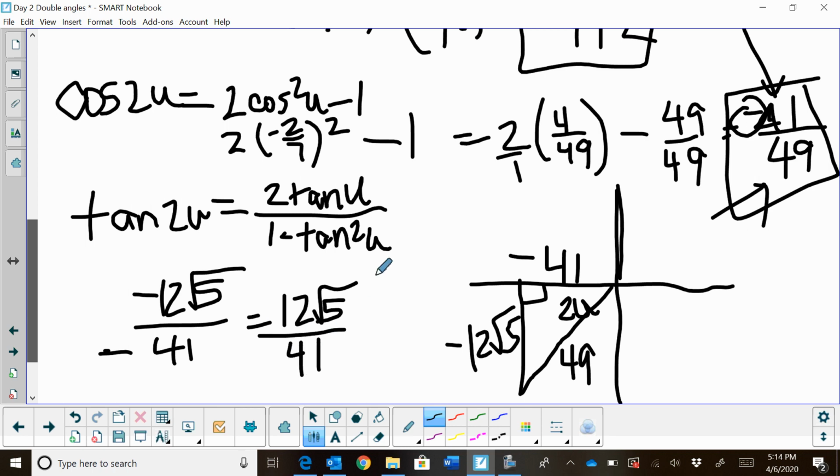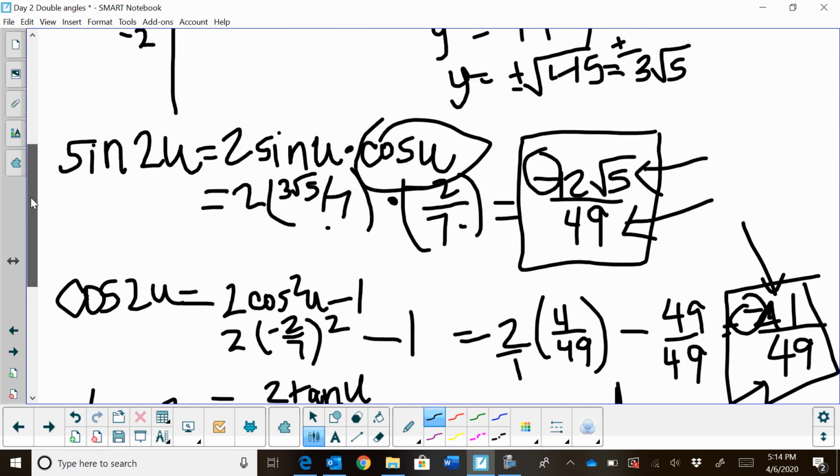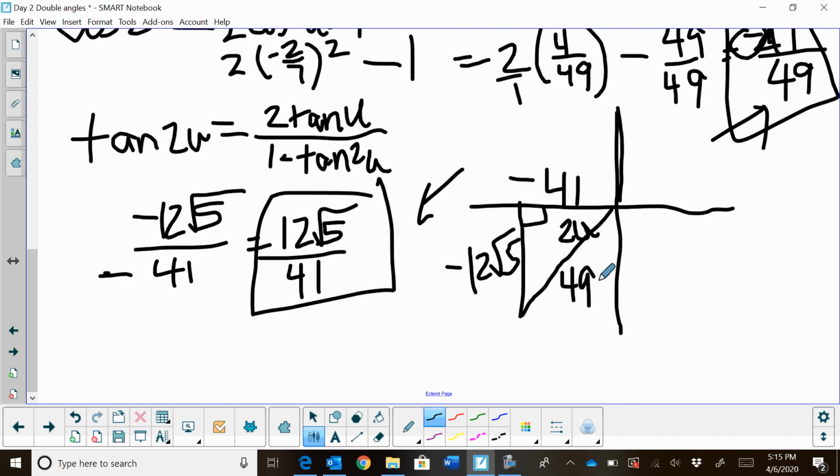Now, I could work the problem out and get the same answer. And this makes sense because sine and cosine are negative, so tangent's going to be positive. I could plug in the tangent and work it all out from the single angle. But now that you've got enough information about the double angle triangle, you have adjacent, hypotenuse, and opposite, you can actually just draw it. So this one ended up being in quadrant 3.